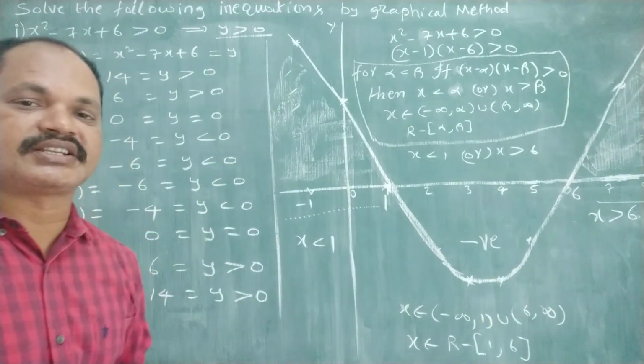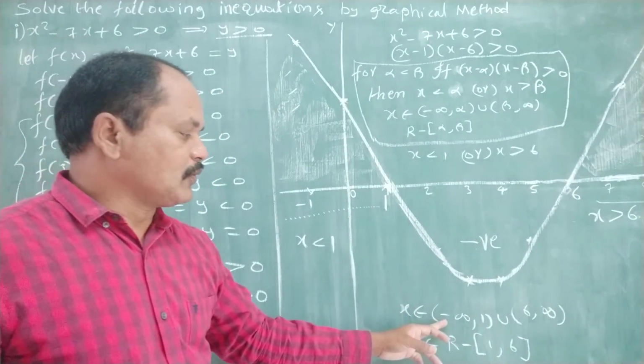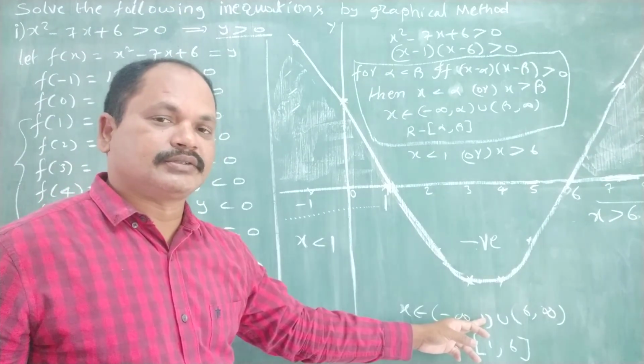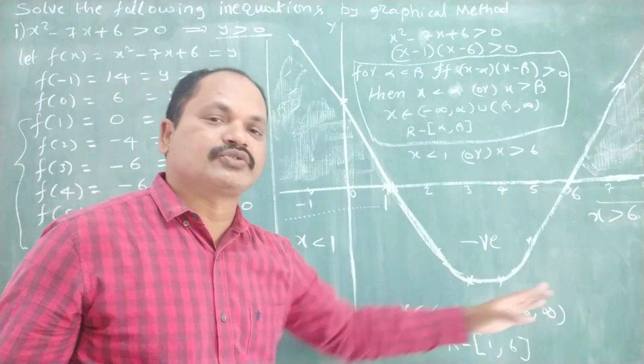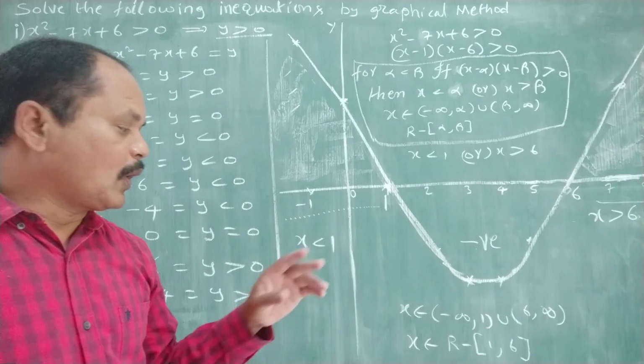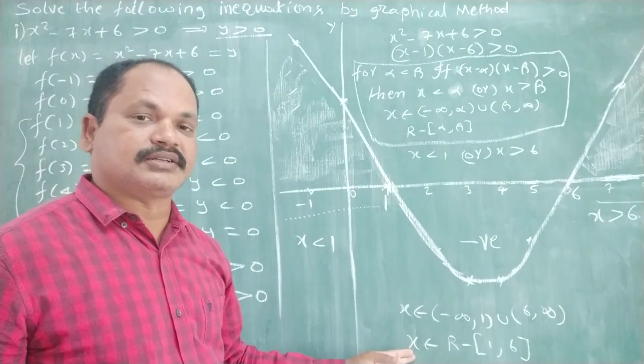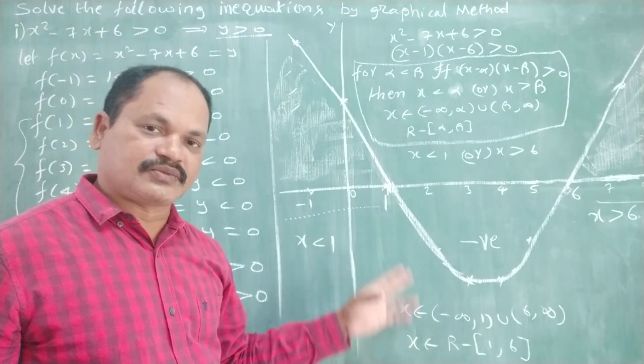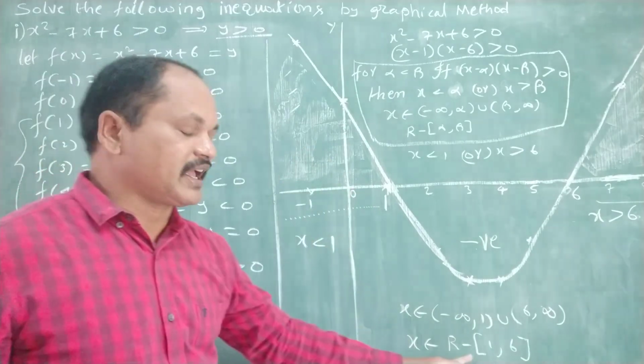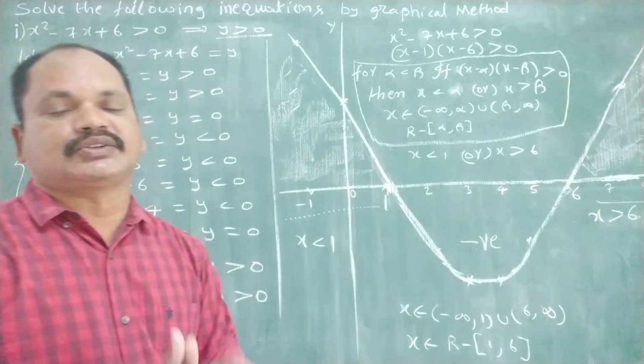What is the solution set? x belongs to open minus infinity to 1, union open 6 to infinity, or all the real numbers satisfying this inequation except closed 1 to 6.